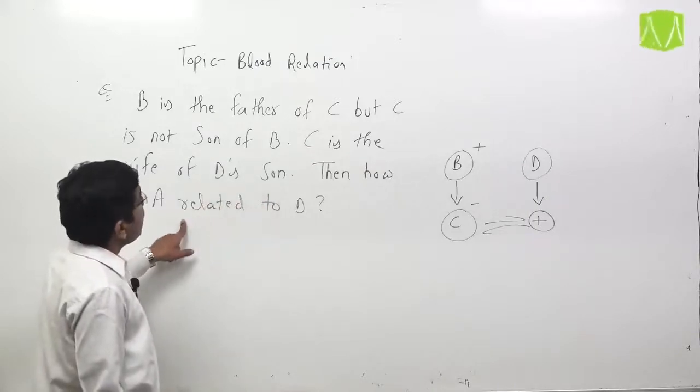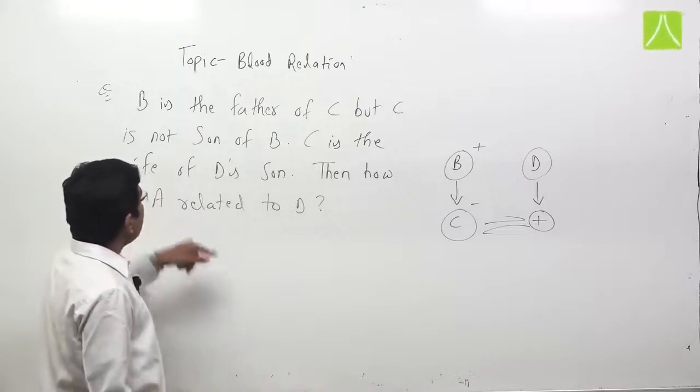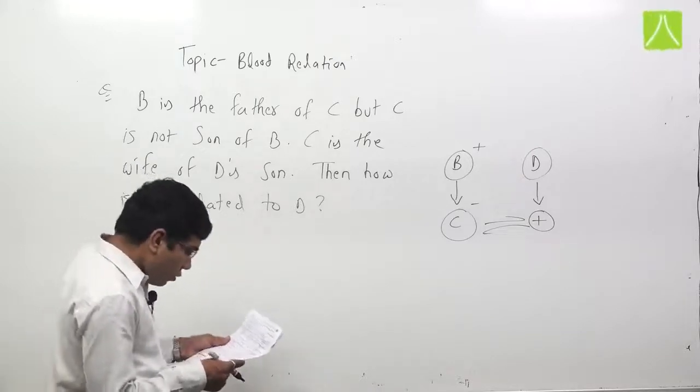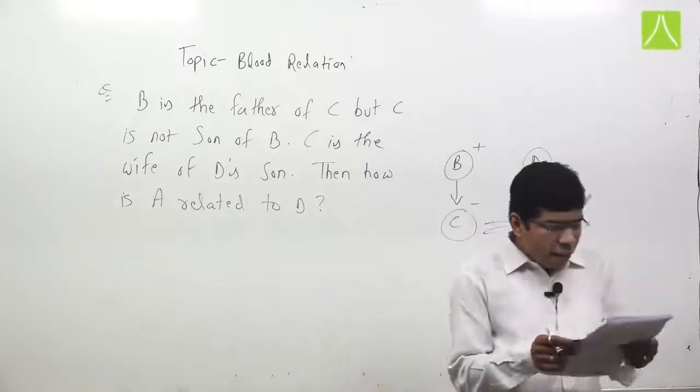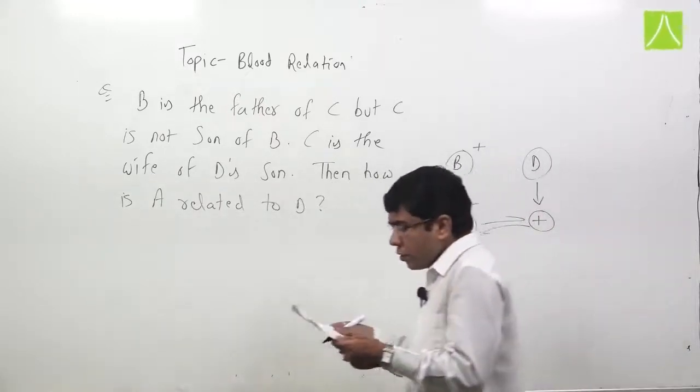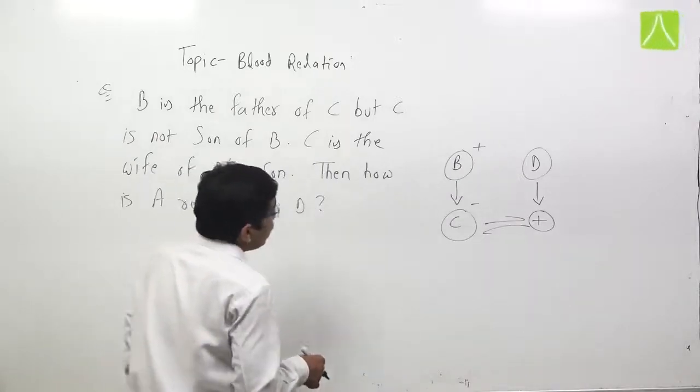Then how is A related to D? Condition, D is the wife of A's son, and what is the relation of C with B?